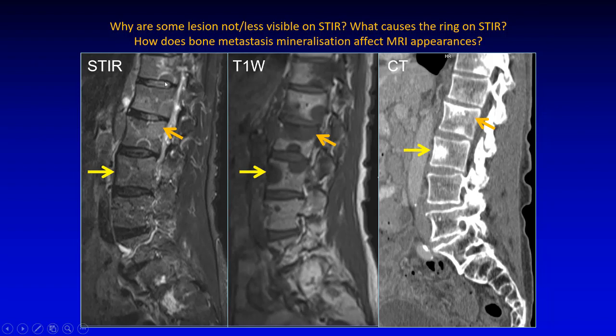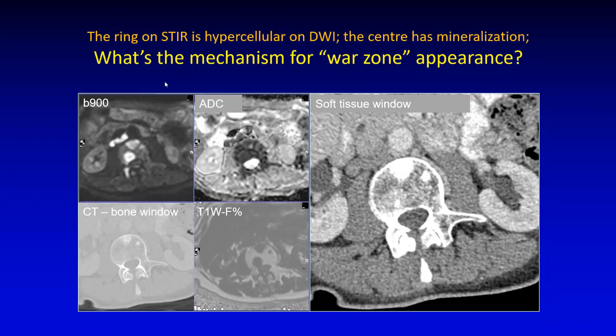These are tumor cells sitting on the margins of these lesions. How do I know that? Do a DWI. Do a diffusion scan and you'll see the ring. This is one of those lesions. Look. The center is the mineralization. Yeah, so there's the ring. Right, and you can see it's hypercellular.